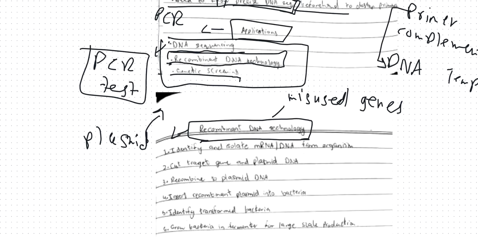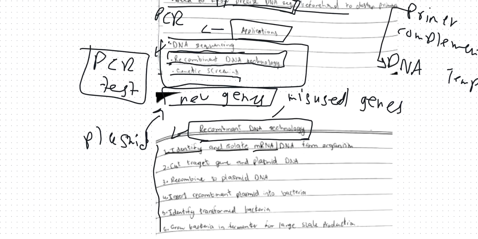And so new genes are produced that are working perfectly fine. So how does recombinant DNA technology work? There are 6 steps. The first step is you identify and isolate the mRNA or DNA from the organism. This mRNA or DNA must be working.